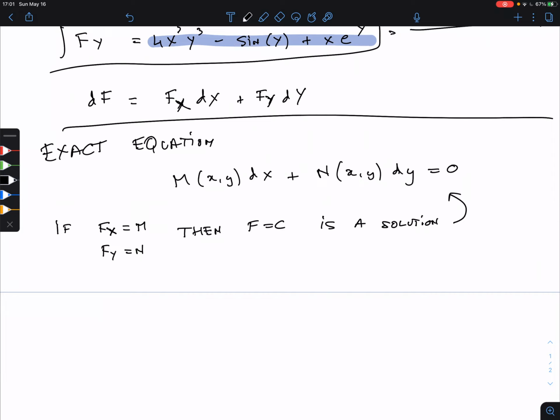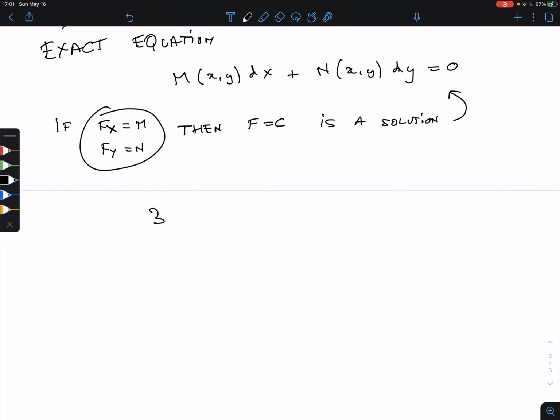But how do I know that there is such an f? If I am giving you a differential equation, let me give you one. Suppose we have the differential equation 3x squared y dx plus 4x cubed dy equals 0.